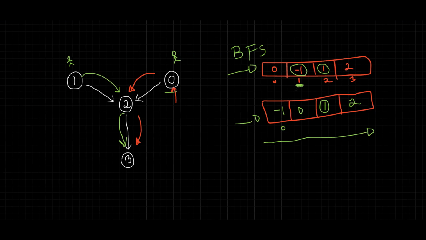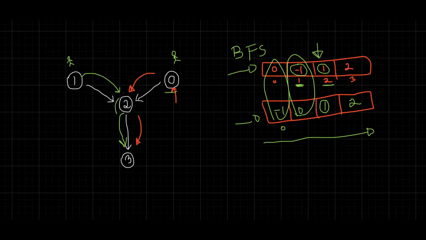So here, we cannot consider these two pairs because one is reachable and another is not. So we have to consider the third one, the node which has the index number 2.